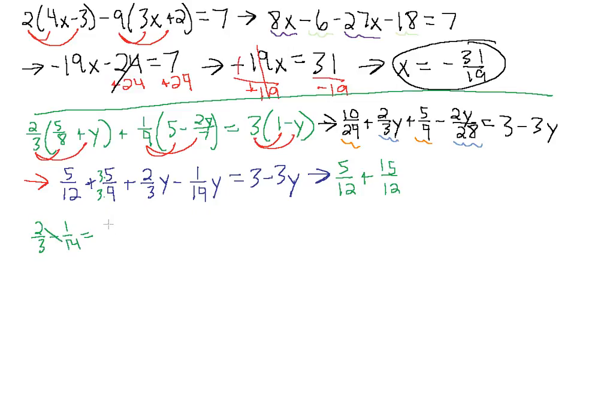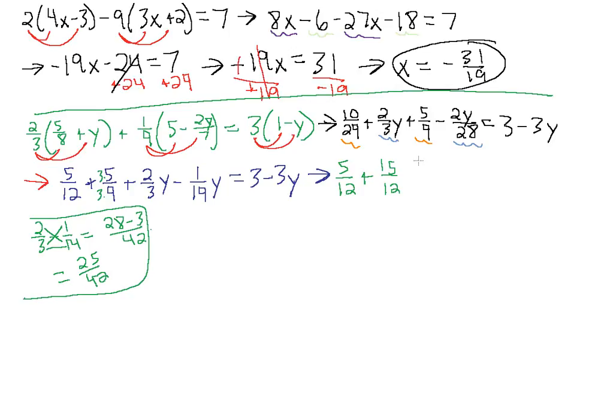We got 2 times 14 is 28. We're subtracting these fractions. 3 times 1 is 3, and 3 times 14 for our denominator is 42. And that gives us 28 minus 3 is 25 over 42. Okay, this is out to the side. This isn't part of the problem, it's just out to the side.